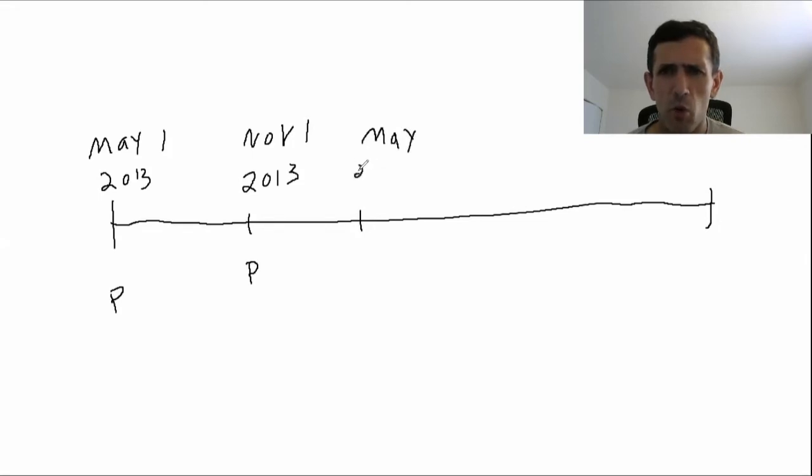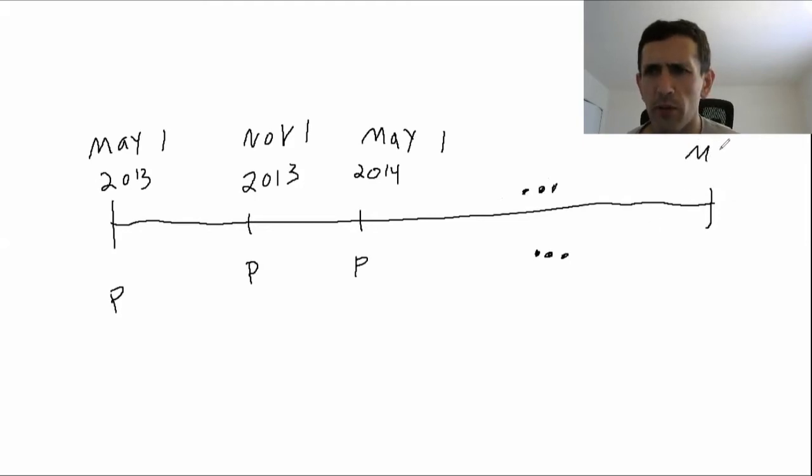Sorry, May 1st. Okay, and we keep doing this. I'll make the dots a little closer to the end. So we keep doing this until we hit the very last one, and we're given that's on May 1st. I probably should put commas here. Looks a little neater. So it's May 1st, 2020.